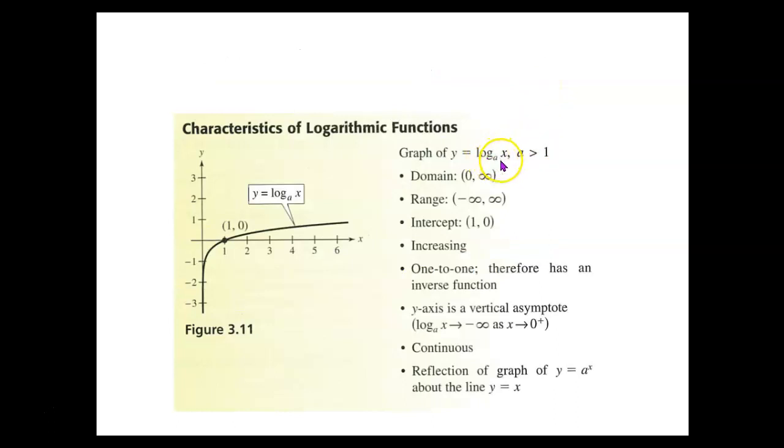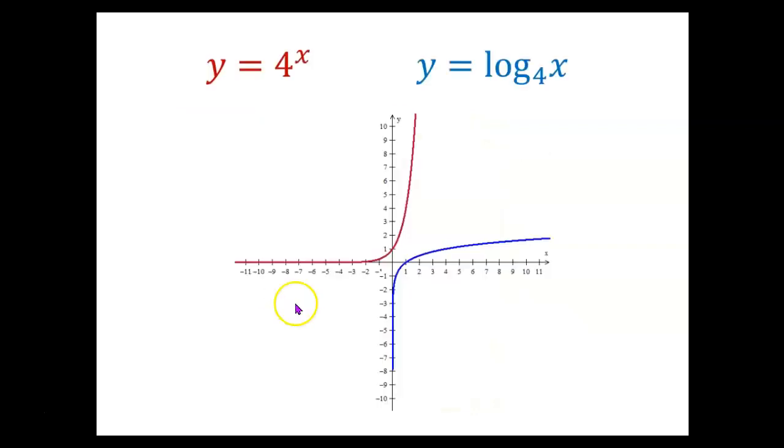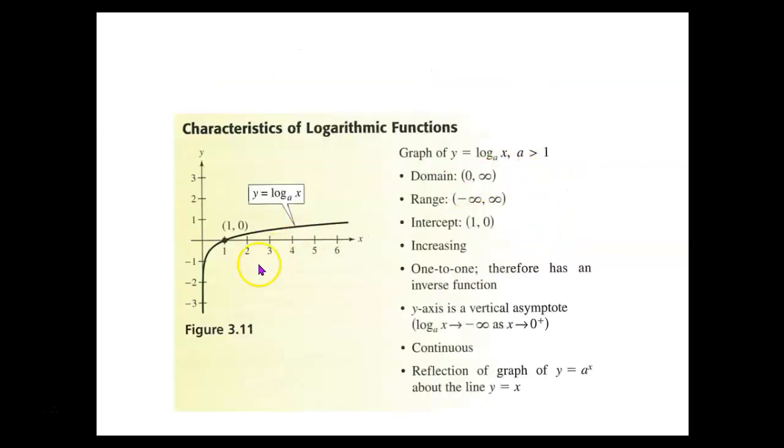So in that case, the graph of a logarithmic function like that always has sort of the same basic shape. It might be a little steeper or a little flatter, but it has this sort of a shape to it. The domain is the open interval from 0 to infinity.